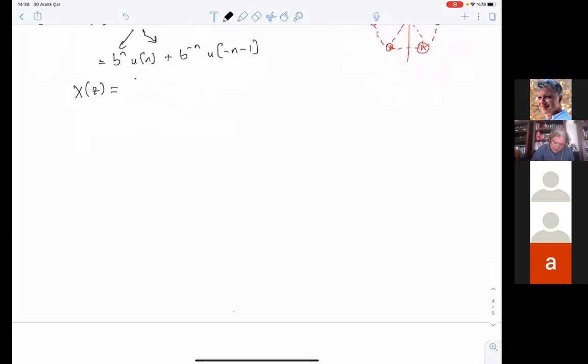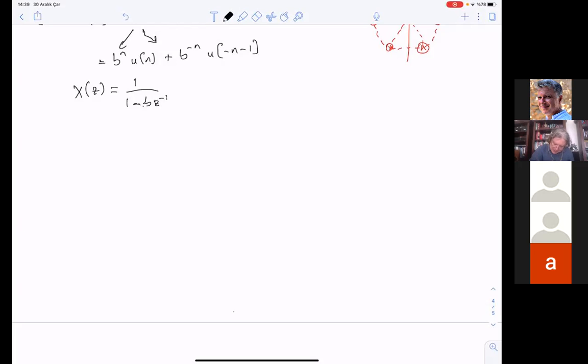And the first one is easy. It's 1 over 1 minus b z inverse. 1 minus b z to the minus 1.